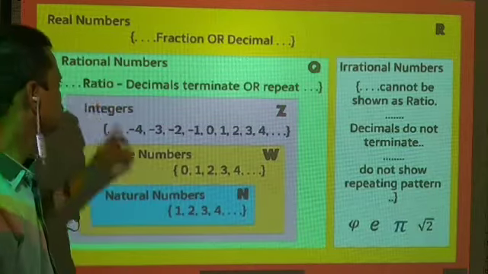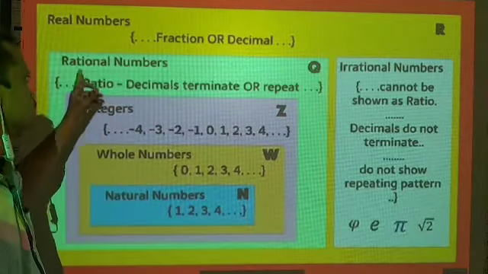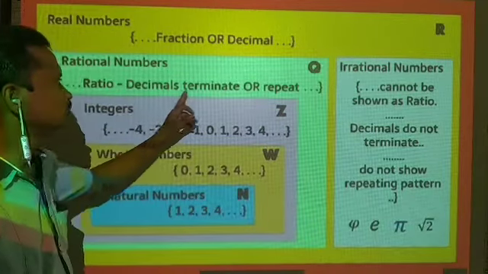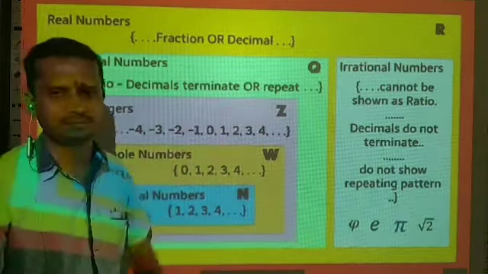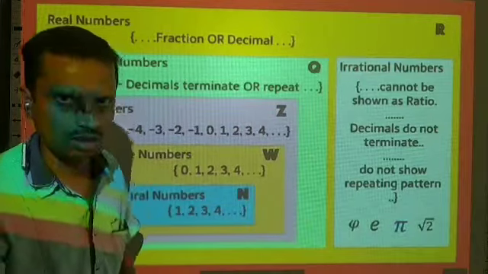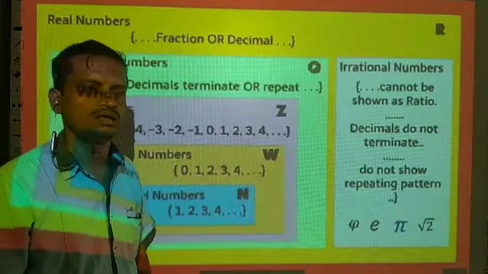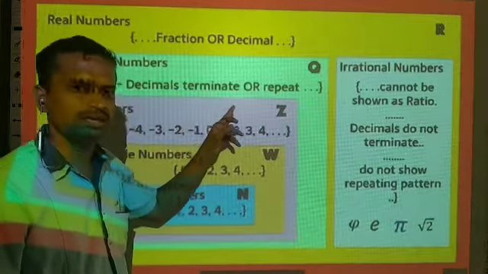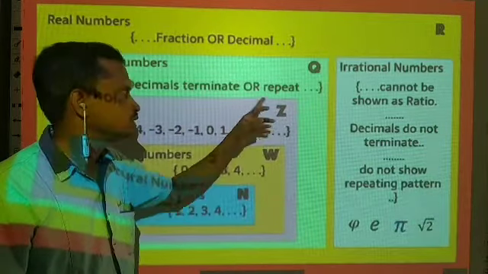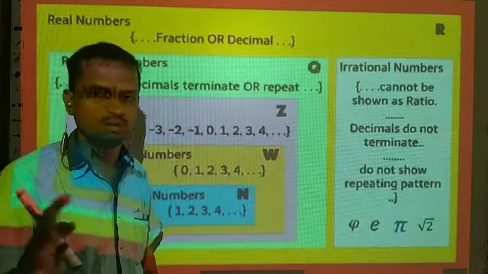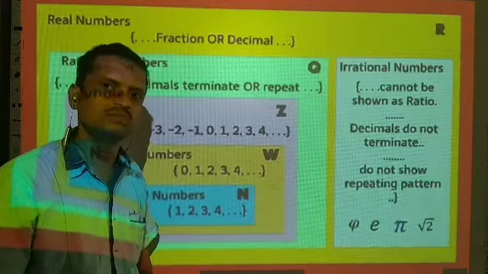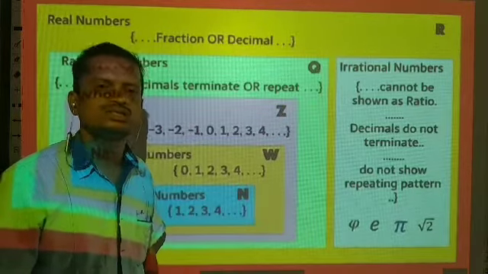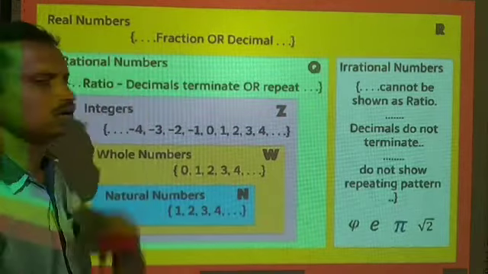So from the root word ratio, we get rational numbers. In decimal expansion, rational numbers will terminate or repeat in the decimal part. Non-terminating means it will repeat, and terminating means it ends. So these are rational numbers.